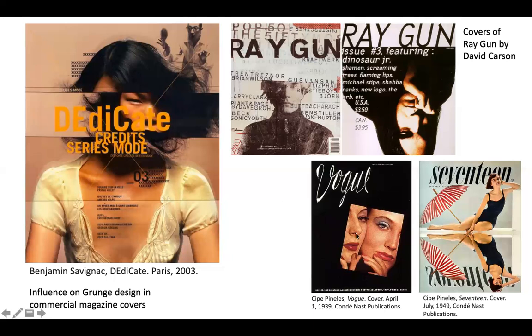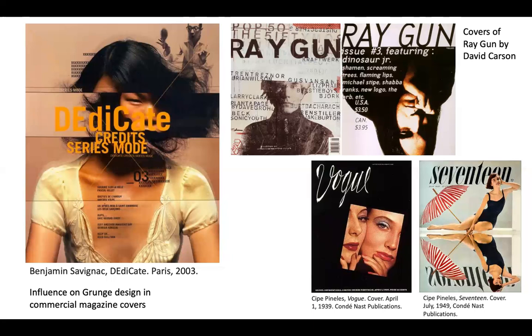So just for the sake of comparison, we have from 1939 and 1949 this kind of classic, especially the 1949 one, classic designs in which the model is always looking pretty and in a pose that makes her look more seductive and charming, presumably. And that was something that American magazines, and presumably most European magazines as well, continued to do.